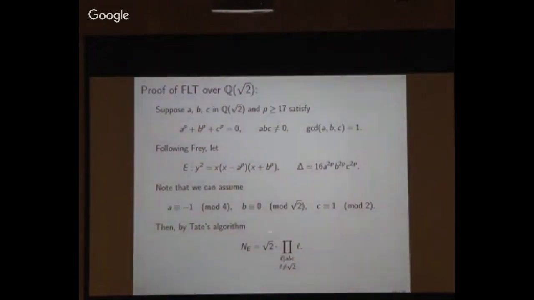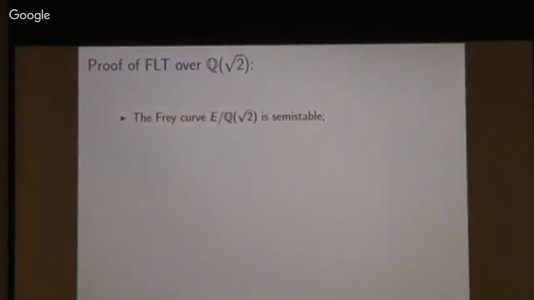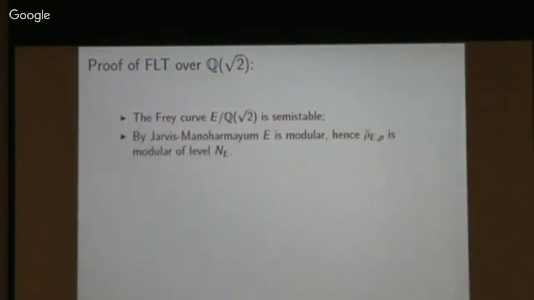It's again a number which is square-free, so the curve is semi-stable. This is exactly as before. The next thing we know is that the theorem says the curve is modular. So the mod P Galois representation is also modular. This is exactly as before.